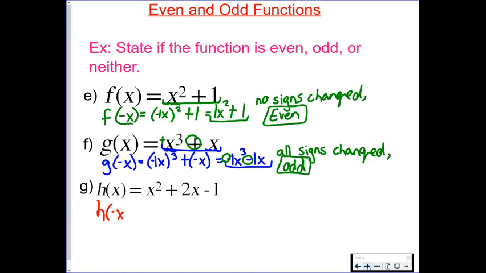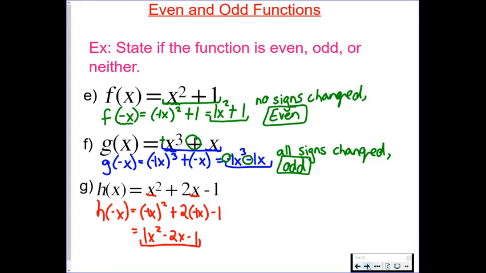H of negative x. So everywhere I see an x, I'm going to put a negative x in its place. Squared plus 2, negative x, minus 1. Now I'm going to go through and just simplify it. Negative x squared, well, a negative squared makes a positive. 2 times negative 1 is negative 2x minus 1.